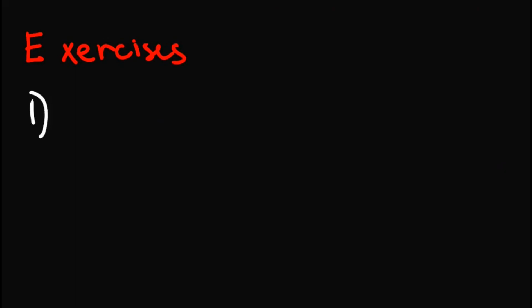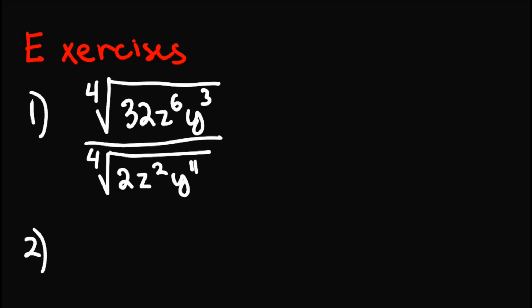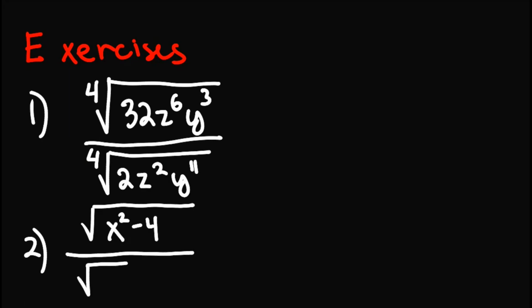First, let's have the 4th root of 32 z raised to 6 y cubed all over the 4th root of 2 z squared y raised to 11, and the next one is the square root of x squared minus 4 all over the square root of x plus 2.